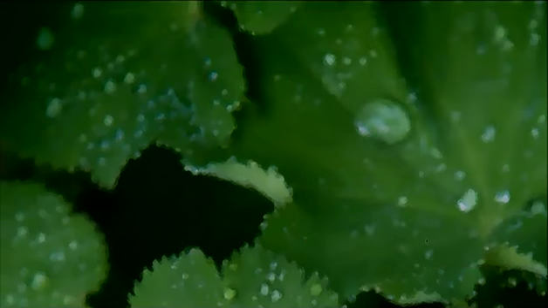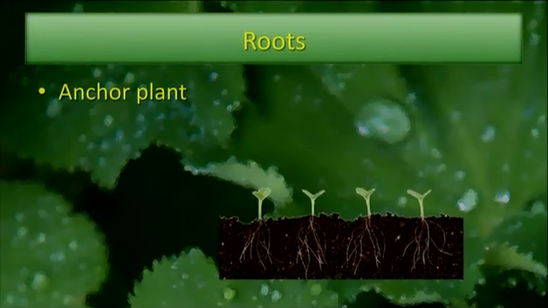Okay, the next subject we're going to get into are the roots. Roots anchor the plant. Here you can see some little plants with their two cotyledons, two seed leaves, and the roots anchoring them in soil. Some water plants such as water lettuce and water hyacinth will have their roots in water.